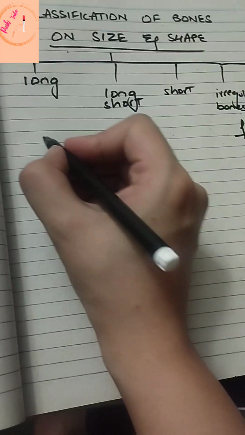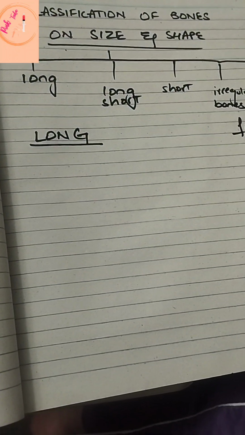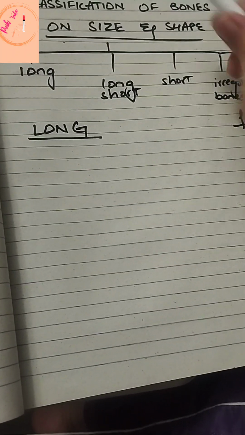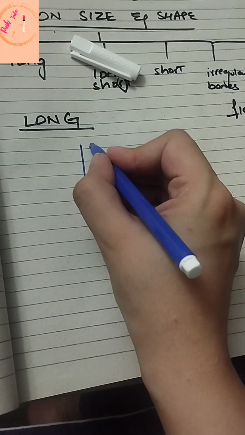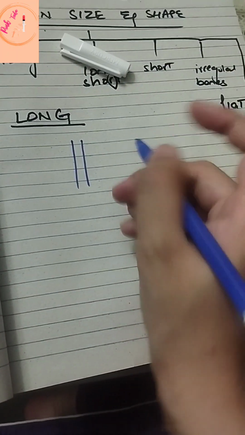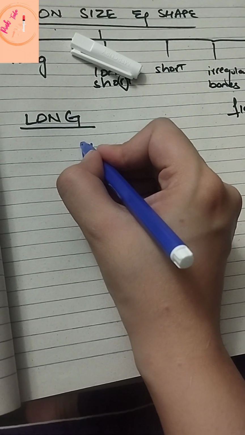First we will talk about the long bones. Long bones are those bones that typically have a shaft, which is the long central part, and they have 2 ends.